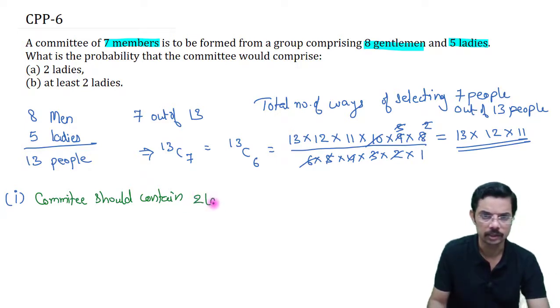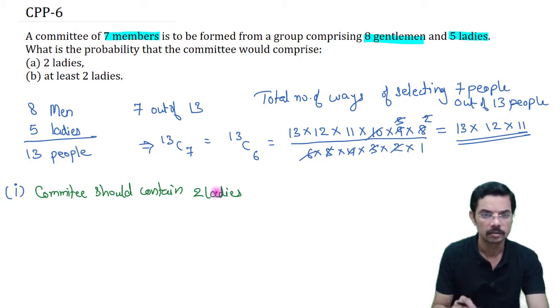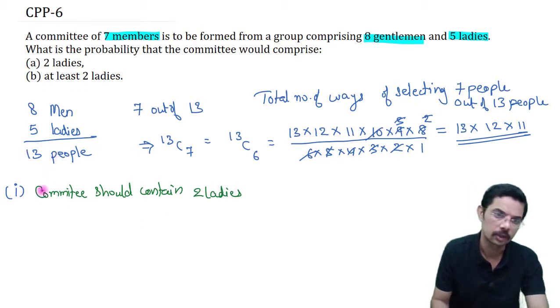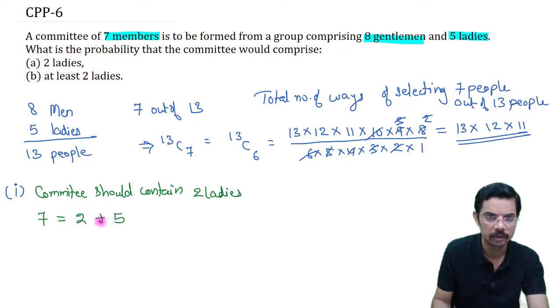So in how many ways can the committee be formed? 7 can be obtained as 2 ladies plus 5 men. So this will be 2 ladies and 5 men.